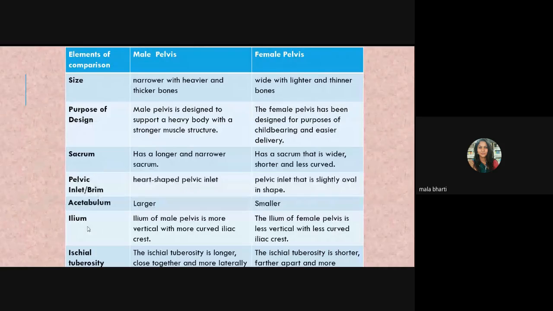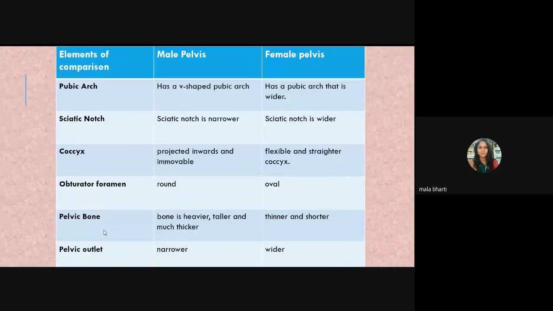Then ilium, the wing-like structure which you see in the pelvis, is more vertical in male, whereas for female it's much broader, right? There is another portion in the ischium of the pelvis, which is called the ischial tuberosity, and it is much longer in male, whereas it is shorter in female.